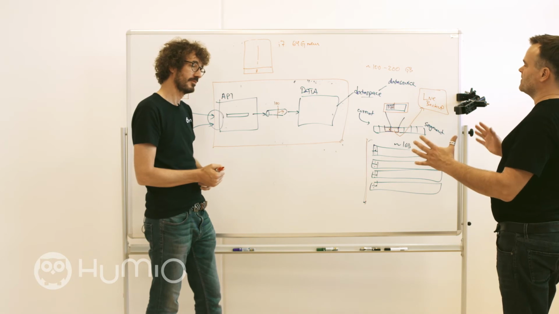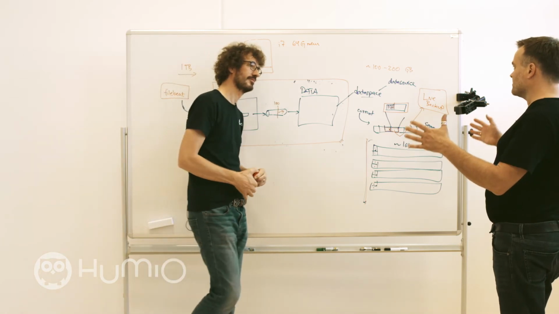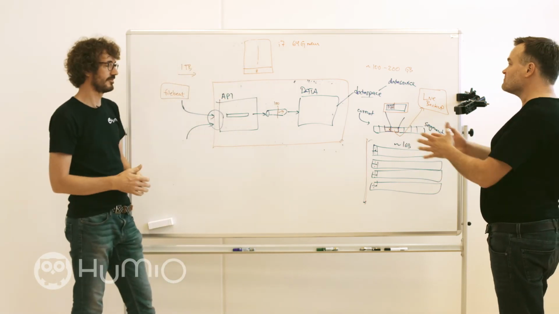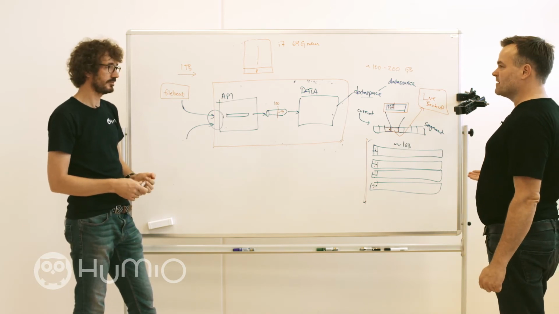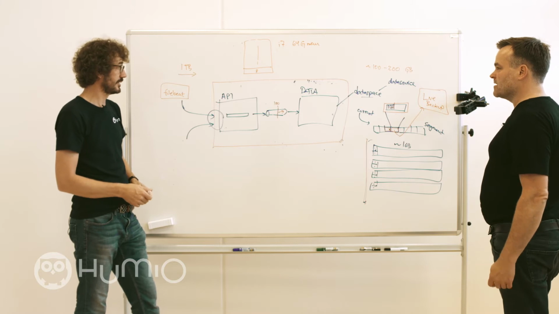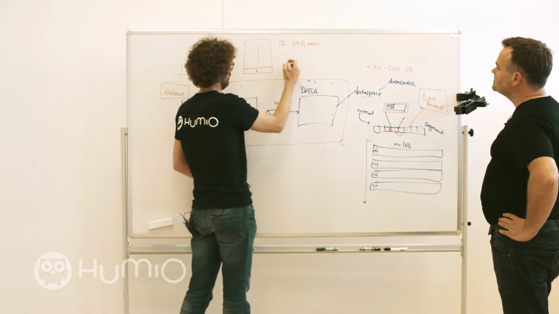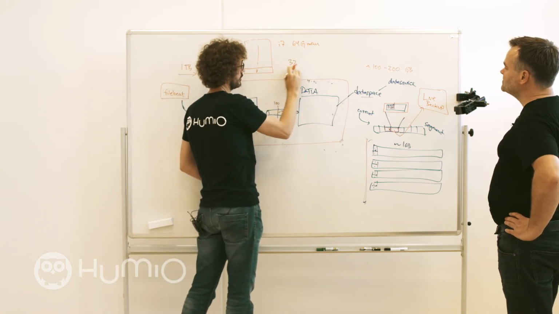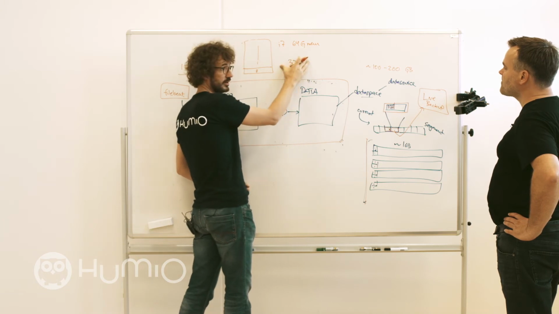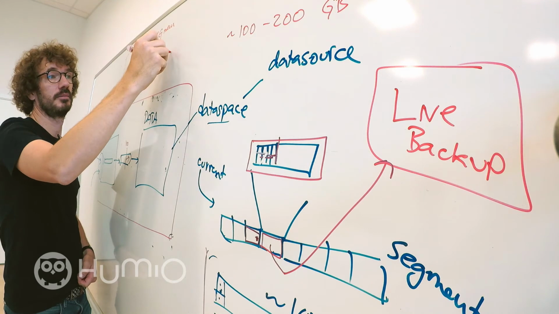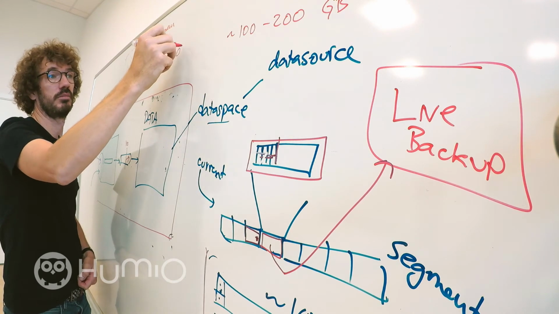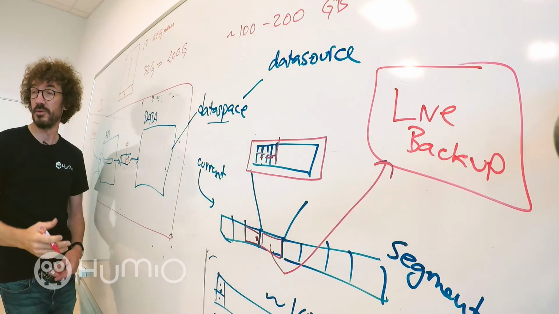So basically, if the log segment that I'm looking at most of the time can be stored within the file cache, then it doesn't really matter if I use spinning disks or SSD. Exactly. So maybe you use 32 gigabytes of compressed data, that maybe turns into 200 gigabytes of original data.